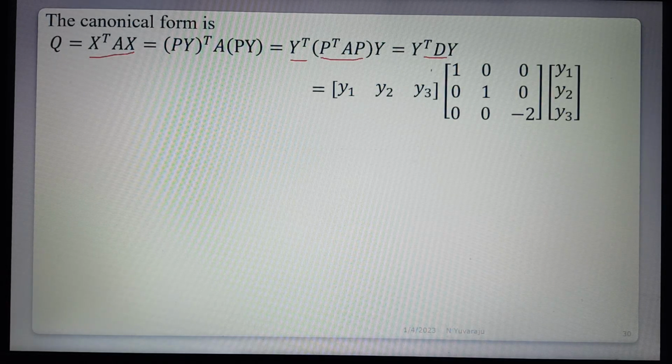Here y1 y2 y3 are the new variables. So this is the diagonal matrix already found, D is equal to 1 0 0, 0 1 0, 0 0 minus 2, and this is y, y1 y2 y3.